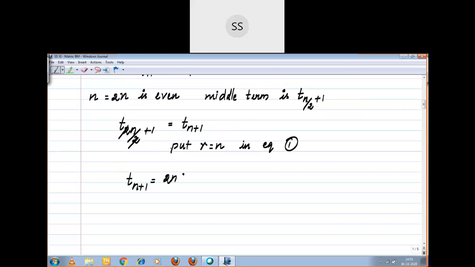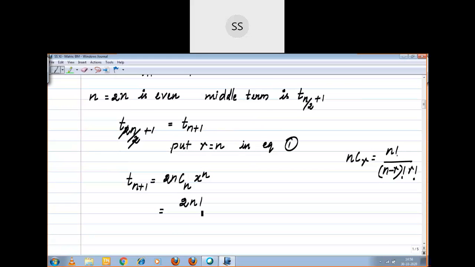r equal to n. Now T n plus 1 equal to 2nCn, or can be replaced by n into x power n. Okay. nCr, how to write? n factorial divided by n minus r factorial into r factorial.